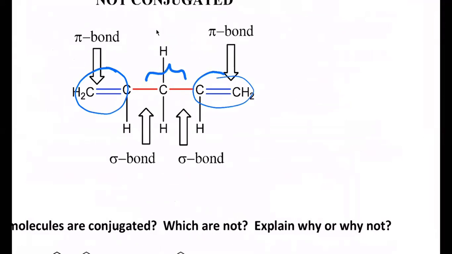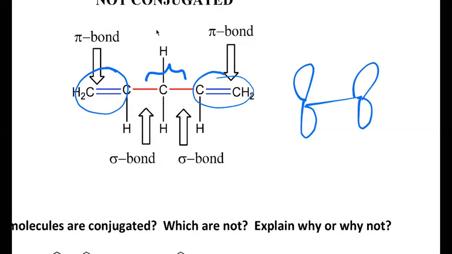And what that does, if you think about what a pi bond is, it's actually two carbons that overlap p orbitals that are unhybridized, right? And so if you wanted to conjugate that or overlap it with another pi system, the pi system would have to be right next door.